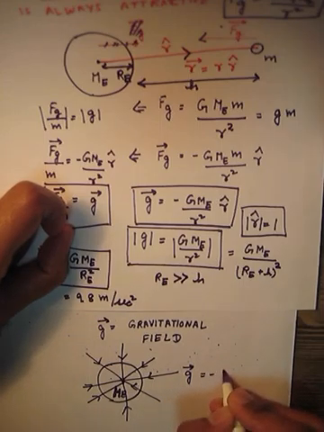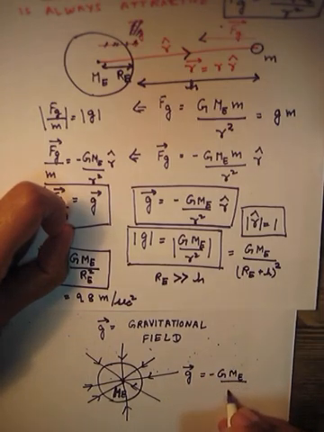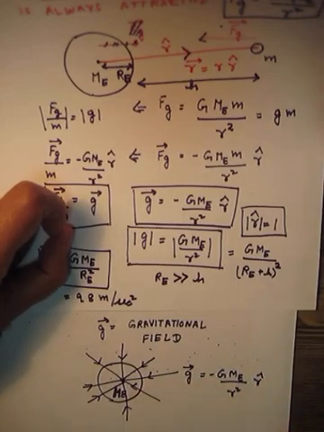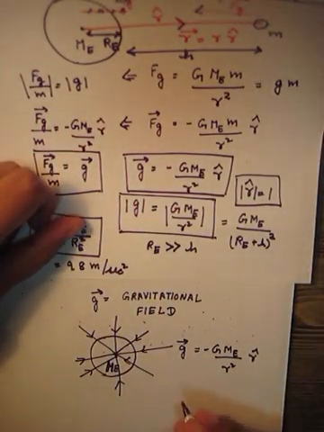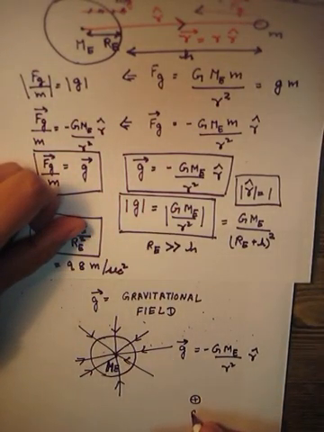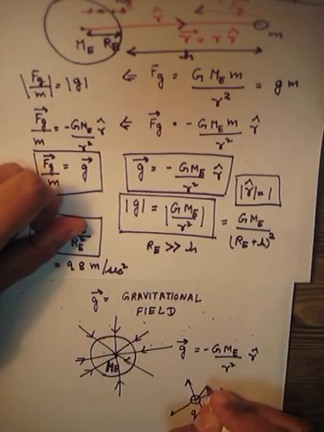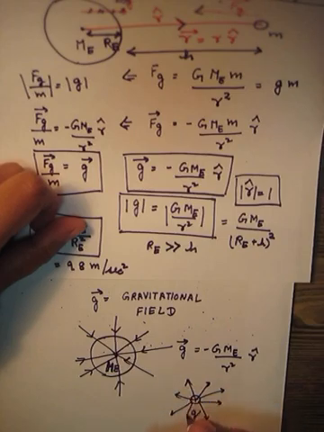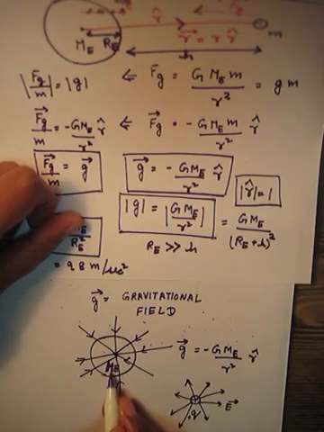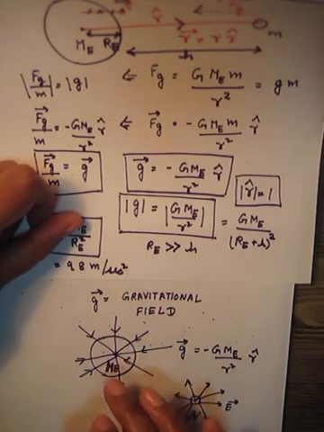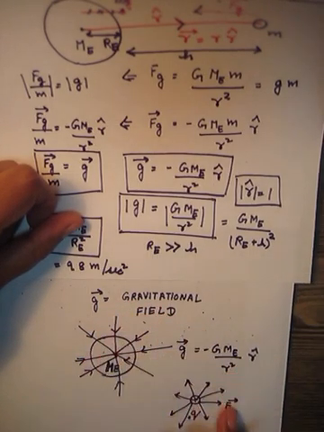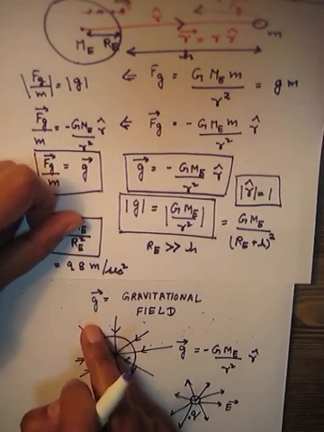So this g is given by minus G Me upon r square into r unit vector. This is quite comparable to charges. If you know that there is a positive charge Q, it has a field around it, which is the electric field. In a similar manner, Earth or any mass has a field around it which is towards that particular mass, so it is quite comparable. So g vector is also called the gravitational field.